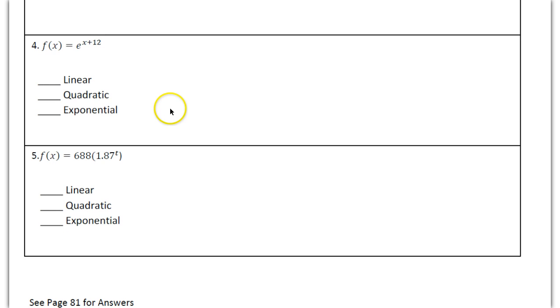In number 4, notice the exponent is the variable, so this would be exponential. And here we see the exponent is a variable, so this would be exponential. So something relatively easy as long as you know the parameters for classification.